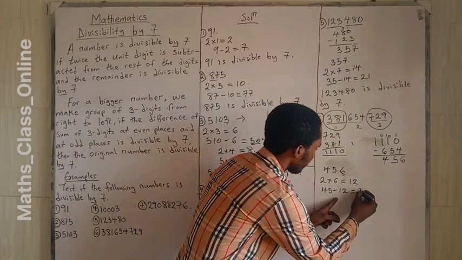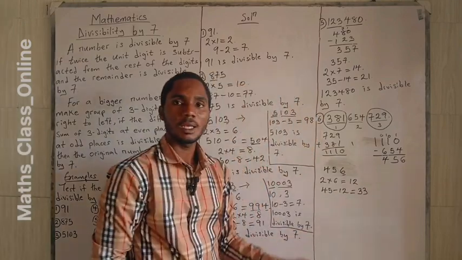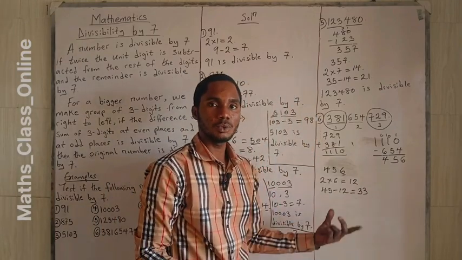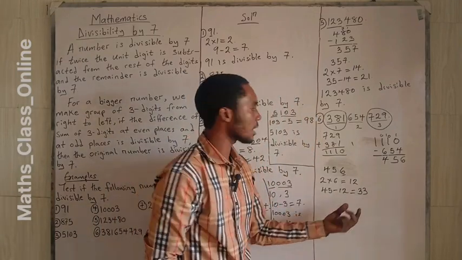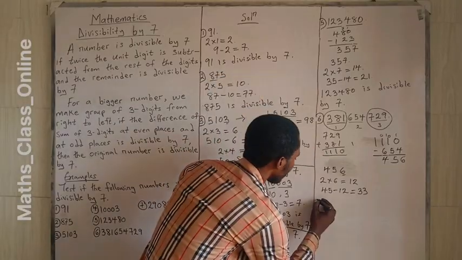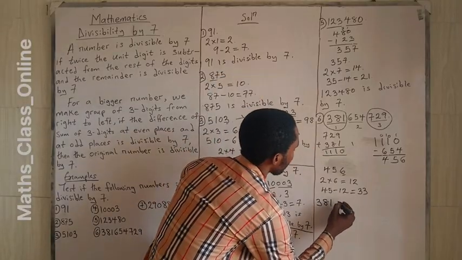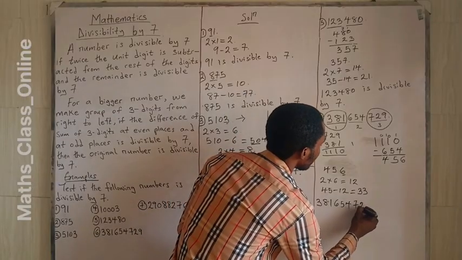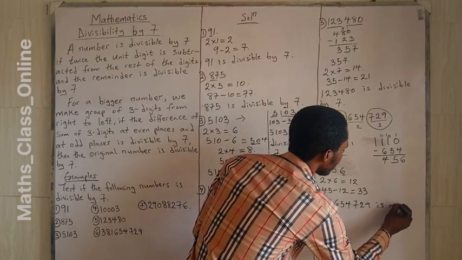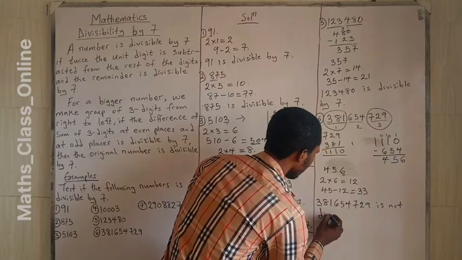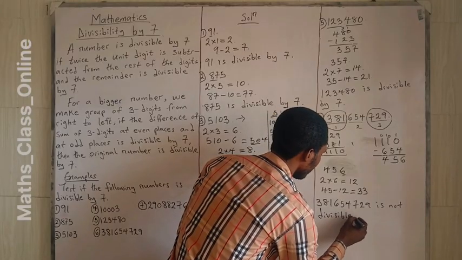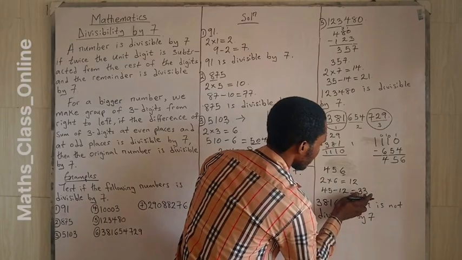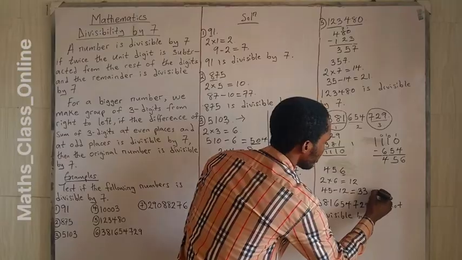That is 33. Can 7 divide 33? No, 7 cannot divide 33. That means that the original number 381654729 is not divisible by 7, because 33 is not divisible by 7.